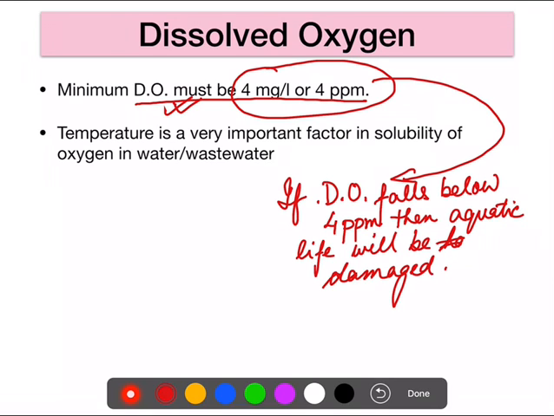For survival of fishes, the minimum DO requirement is 4 mg per liter. This you remember, this is very important.